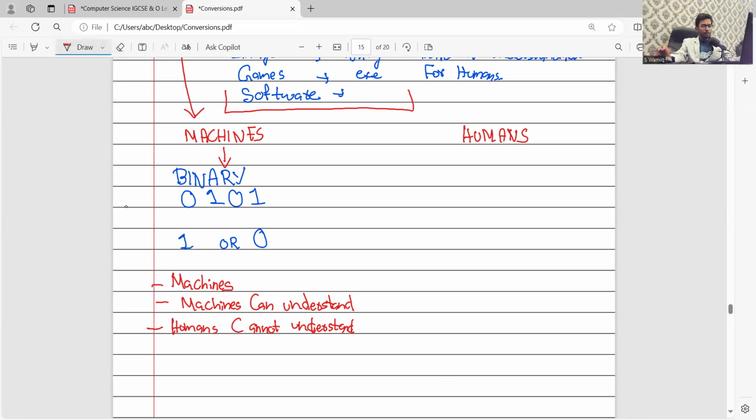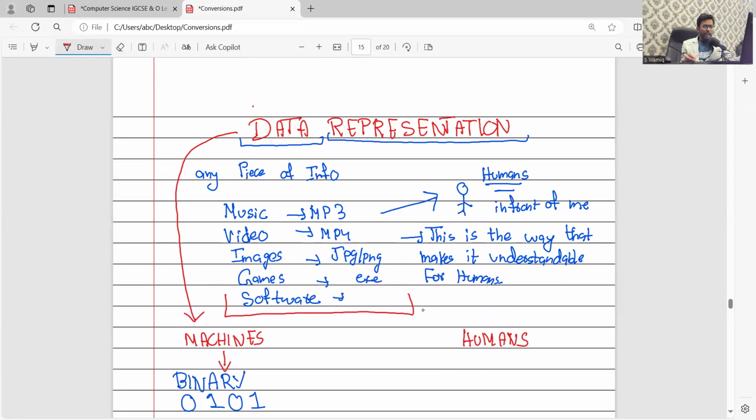So, what do you think? Don't you think that in a computer system, all of the language is converted from a machine understandable language into a human understandable language? And yes, this is the main concept of your chapter, data representation. If a computer is referring to its own hardware, it is representing the data in its own language, and its own language is binary.